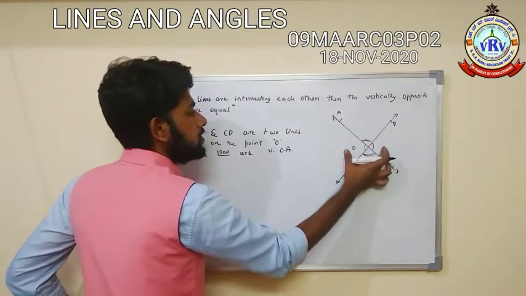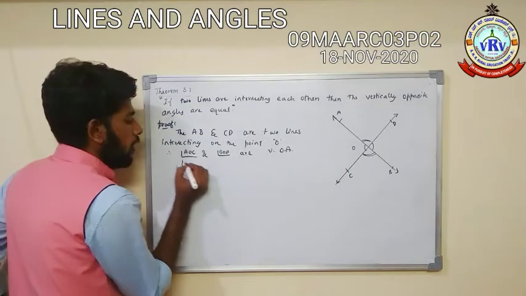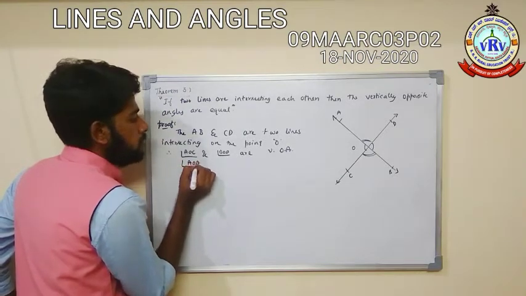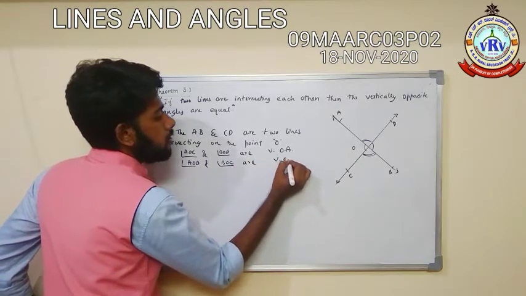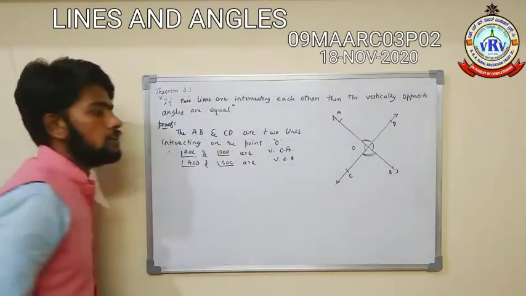AOC and BOD, these two are vertically opposite angles. Also, angle AOD and angle BOC are vertically opposite angles.